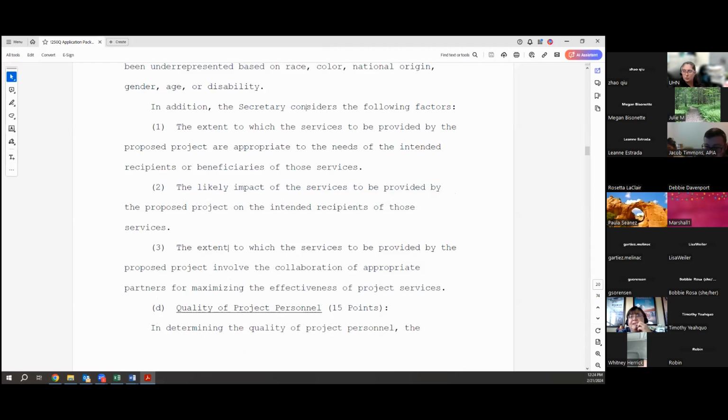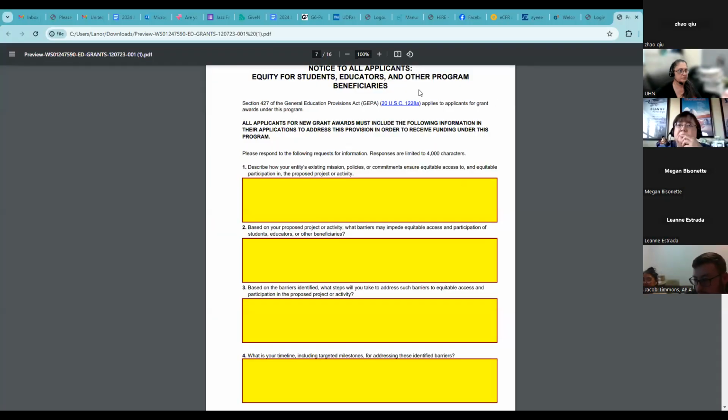You cut in and out. What section are you talking about? Okay, it's actually in the grants.gov because earlier you were mentioning GEPRA, and I just remembered we got online on the grants.gov. It's a standard form to be filled.